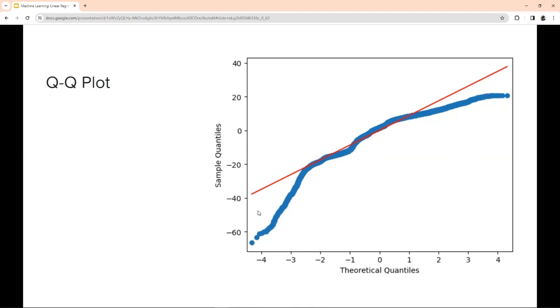This deviates from our normal line to an even greater degree than these ones. So you would now have to start working on it, knowing that the residuals are not normally distributed. Maybe this regression can be improved. So that is that.